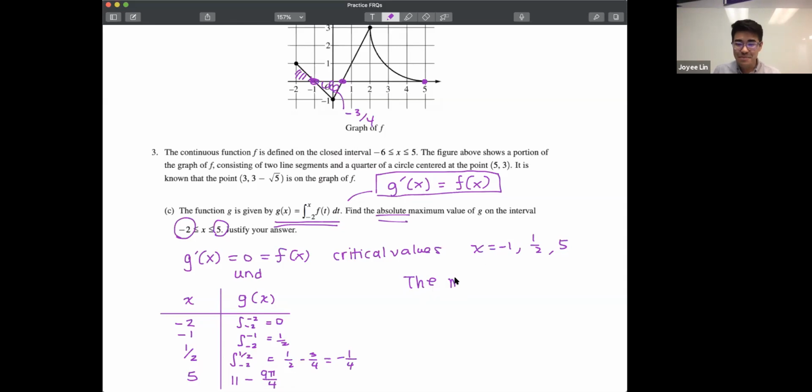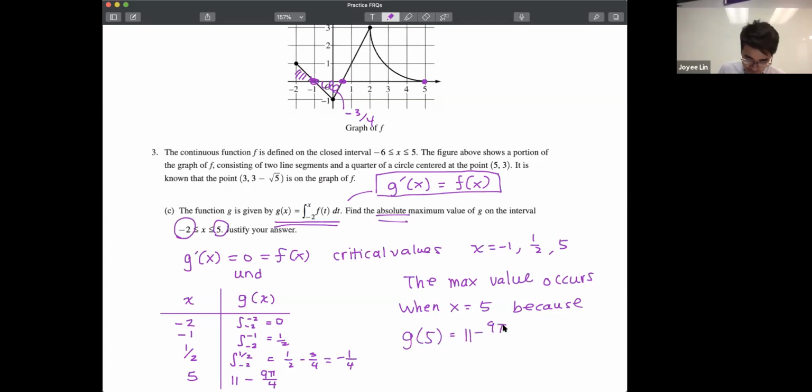So the max value occurs when x equals 5 because g of 5 is equal to 11 minus 9 pi over 4. And that would get you full credit.